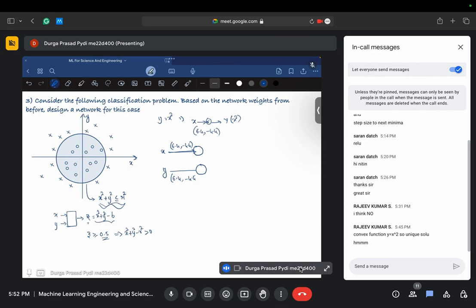Now the output of this is going to be x square, the output of this is going to be y square, and then I will use a weight factor with some bias, and eventually I will get some z value here. So if you design an architecture like this, then it will be able to classify this particular problem.